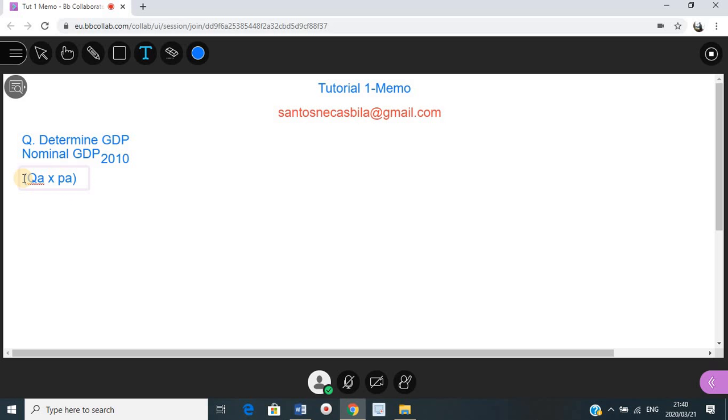And if you have more than one good and you want to include everything, because it's a sum of total goods and services, we're going to say this is going to be plus, I'm going to open the bracket, the good Z multiplied by the price of the same good Z.